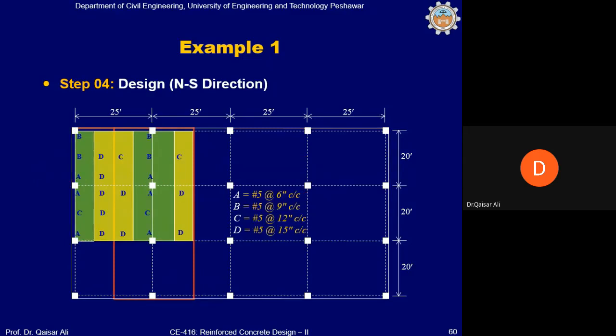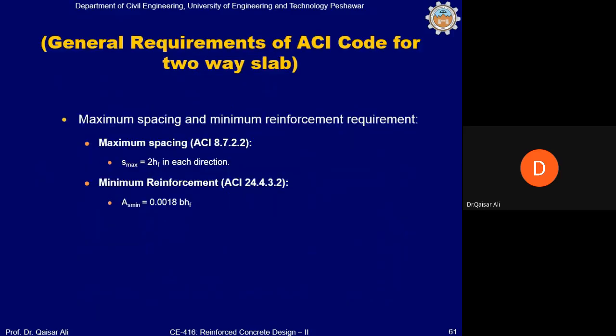Once the flexure design is completed, there are some general recommendations of the ACI code which shall also be fulfilled. These recommendations on this slide are with regard to the maximum spacing and minimum reinforcement as per the ACI code requirement.